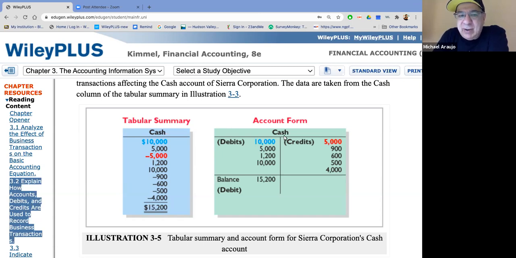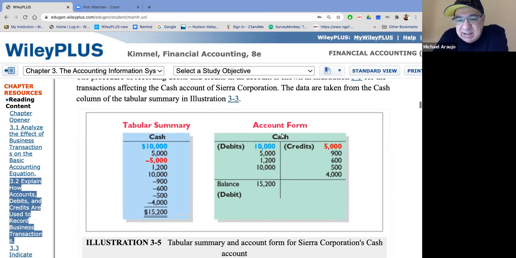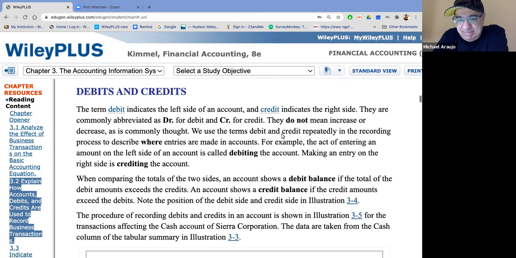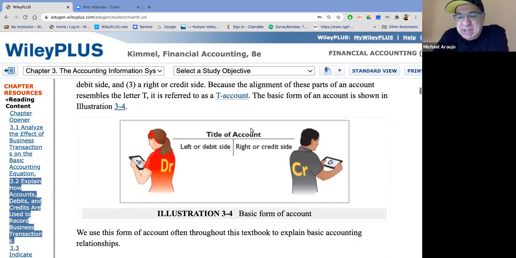So this is how it's done for cash. All assets work this way. It's just the opposite for liabilities and stockholders' equity, as you're going to see very shortly.